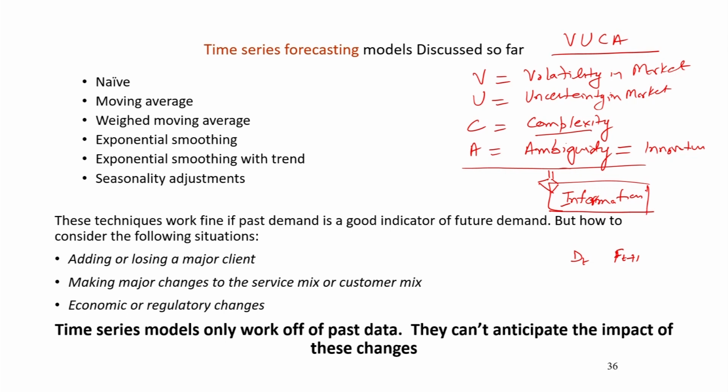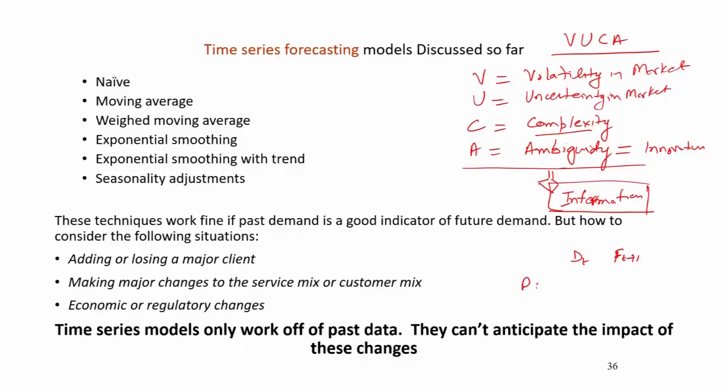If this information is coming at a time lag of 10 days or 15 days or 1 month, that means you will lose that particular opportunity of improving your forecast. On the other hand, a good information technology system, maybe we call it point of sale information.